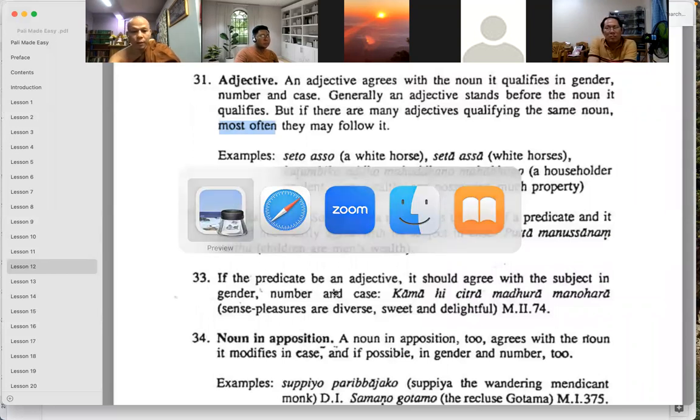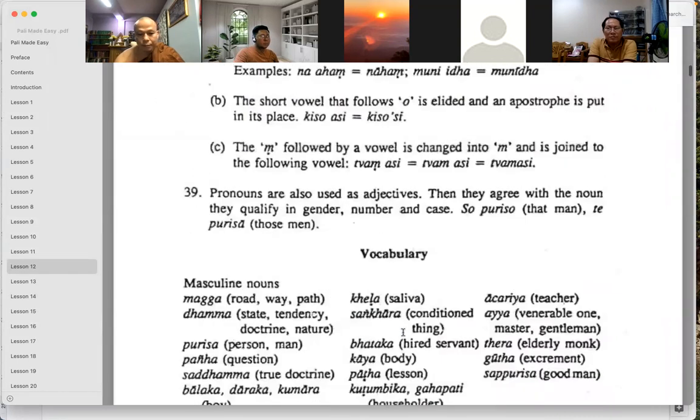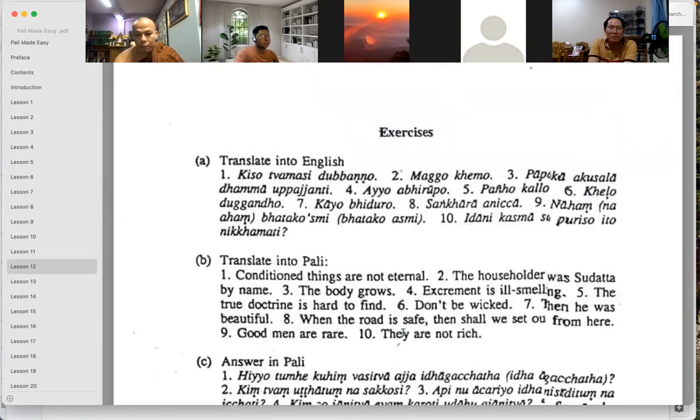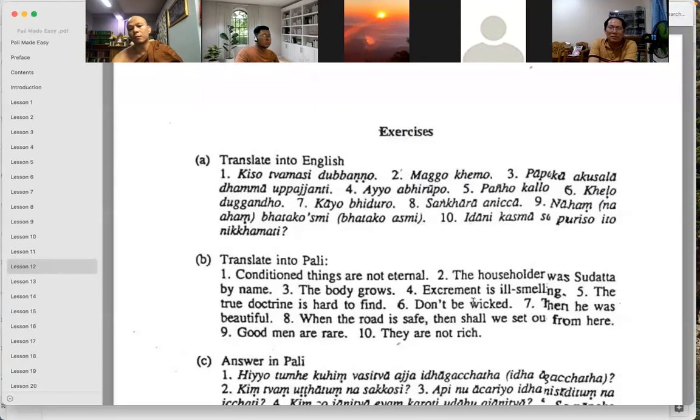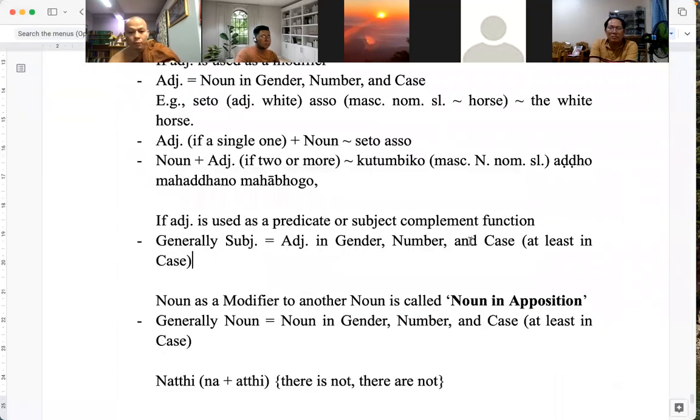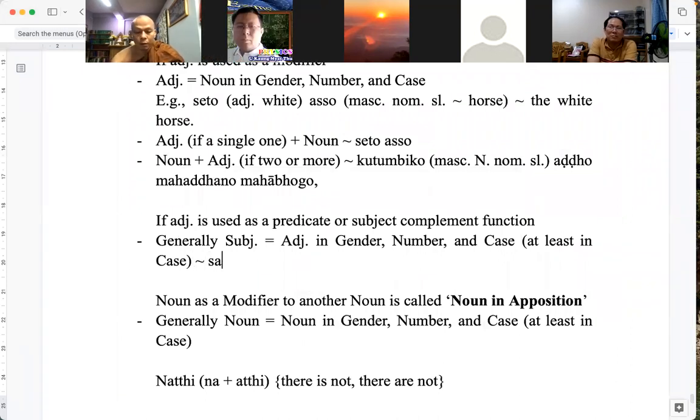Okay, in the exercise we can see: Sankhara Anicca.